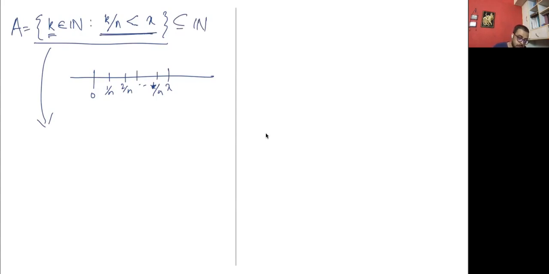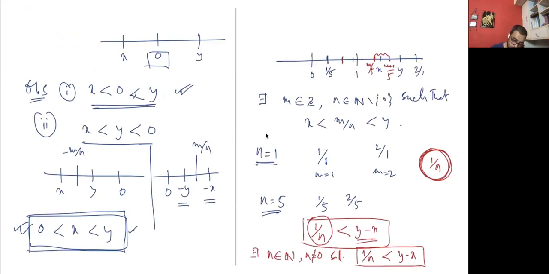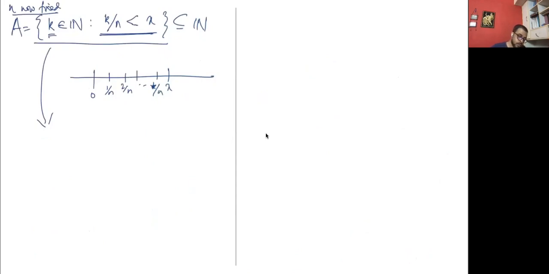Now in this inequality, n is fixed, right? n is something that we have chosen, so that this happens. So you choose one such n, fix it. Now, for this fixed n, we are looking at this set A. Okay, now what is this inequality? Another way of writing this inequality would be that k is less than n times x.